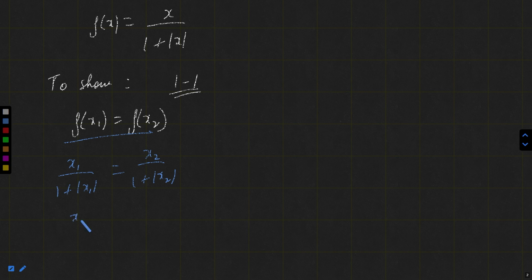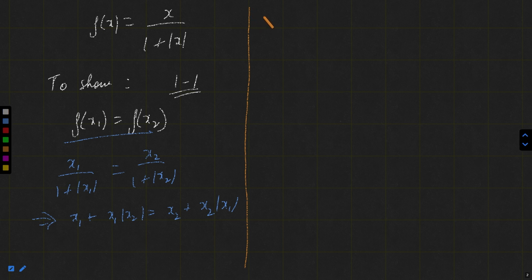What you will get is x1 plus x1 mod x2, which equals x2 plus x2 mod x1.